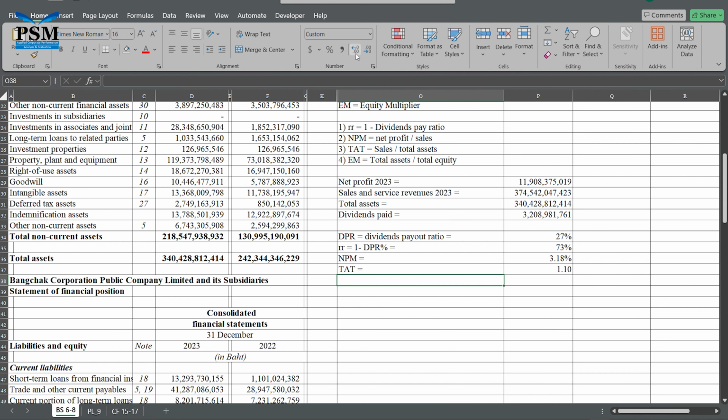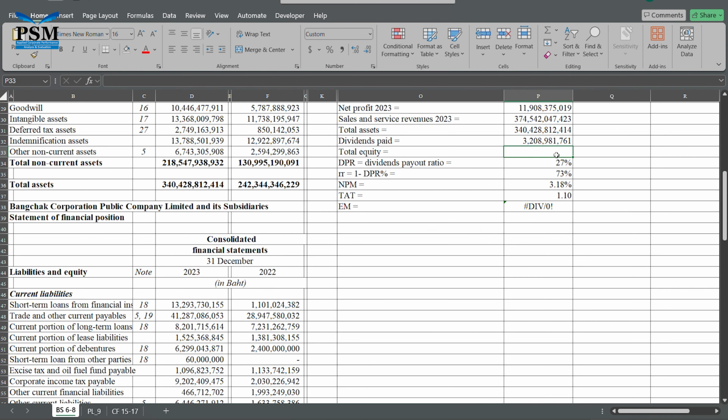The last variable is the EM, and according to the formula, EM equals total assets divided by total equity. We need the total equity amount.